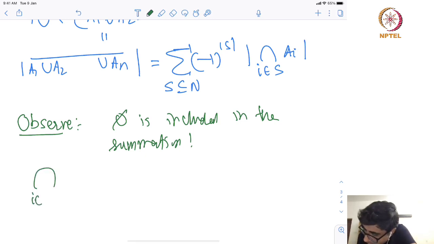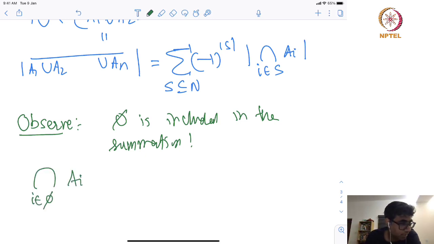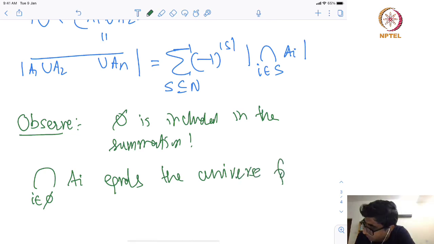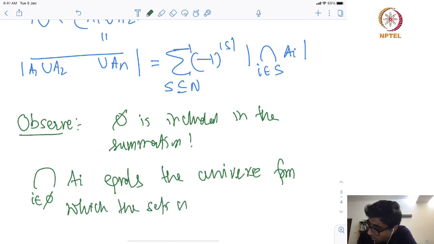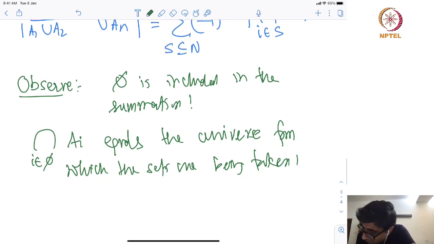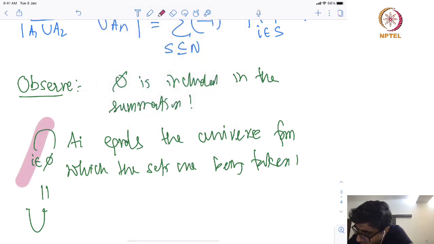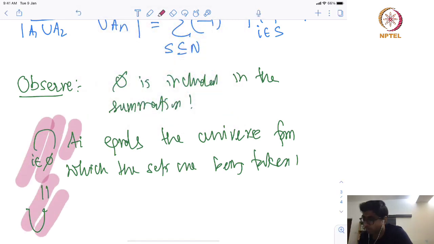The intersection of A_i for i in phi, the convention is, equals the universe from which the sets are being taken. So in our case this is equal to U. This is an important thing that we need to remember.